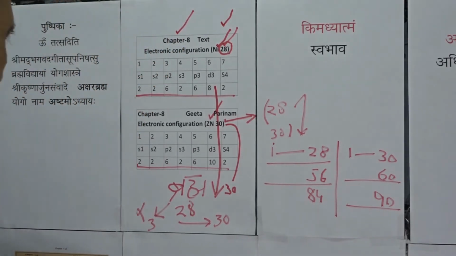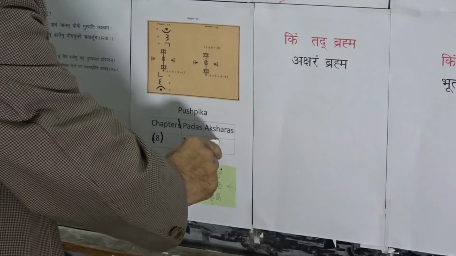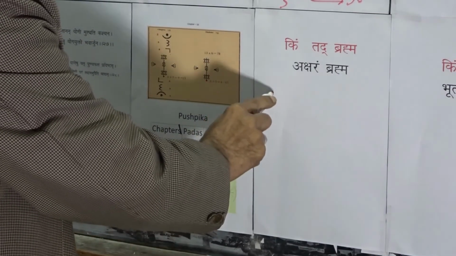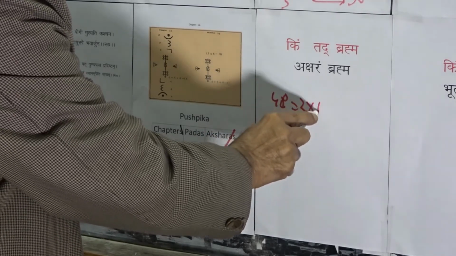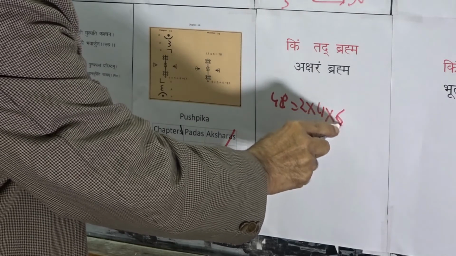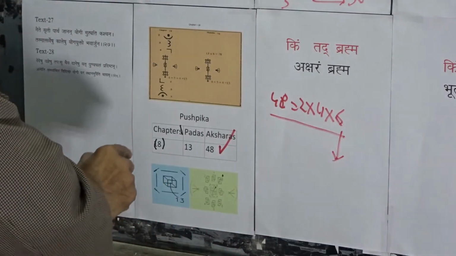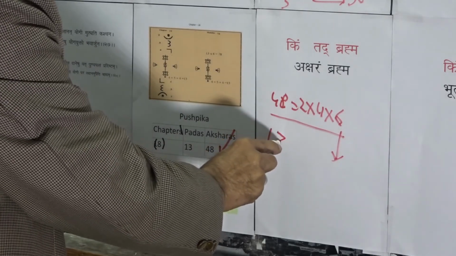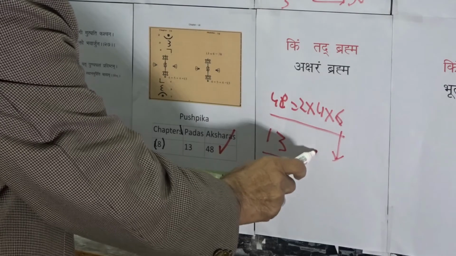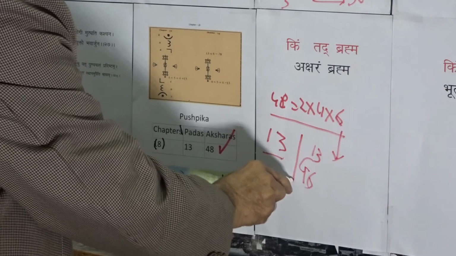A step ahead, we will be appreciating, when we reach the Pushpika of this chapter, which is of 48 aksharas, that value 48 is equal to 2 into 4 into 6, which is parallel to the dimensional format of 6 space. Further, we know that the Pushpika has 13 padas, which is equal to 13 geometries range of 6 space.